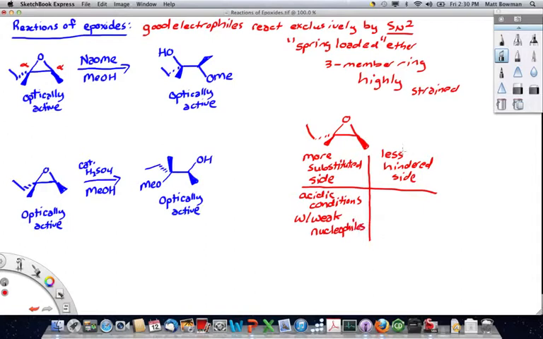If you want to attack the less hindered side, this is done under basic conditions, with strong nucleophiles.